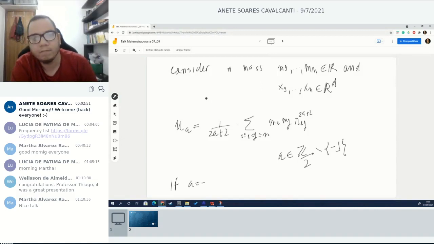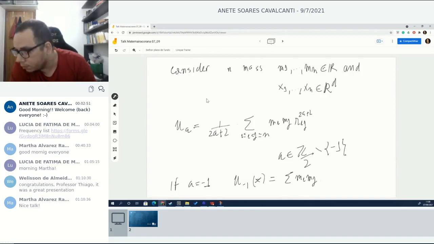If a is equal to -1, I consider the potential U_{-1}(x) equal to the sum over m_i m_j times log of r_ij.